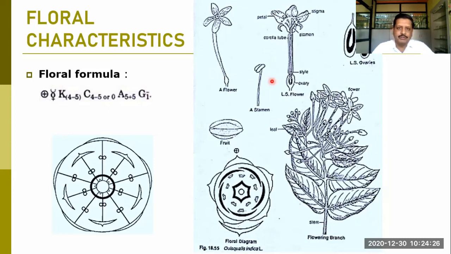When we talk about the androecium, the stamens are normal. They are bithecous, having a long filament, and the filament is attached on the back of the anthers. That is, it is not basifixed. So here the dorsifixed condition is observed in the anther cells, and the anthers are movable, so we can say versatile anthers are there.